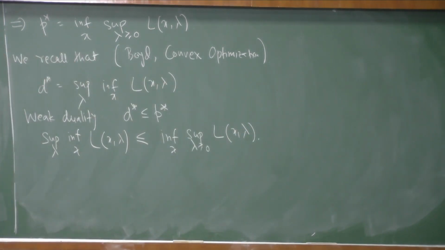This is weak duality, and strong duality will tell us that you can interchange inf and sup, so there will be equality there.